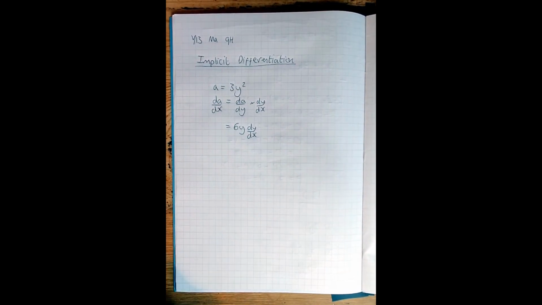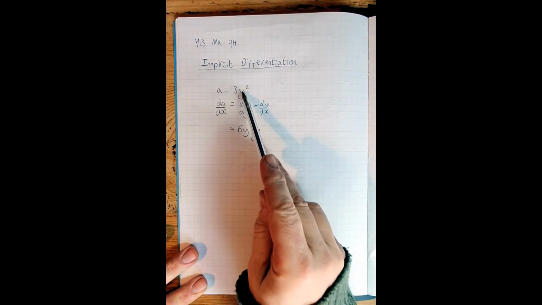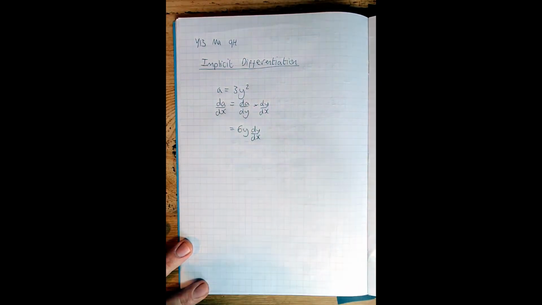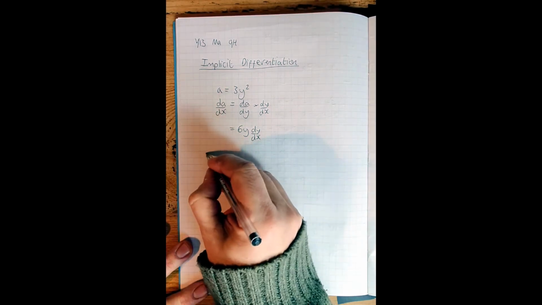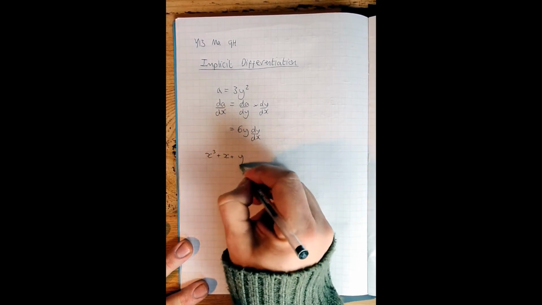So every time I have an expression in y, if I want dy dx, I differentiate with respect to y and multiply by dy dx. And that's useful where I have a function where I can't necessarily make y the subject.